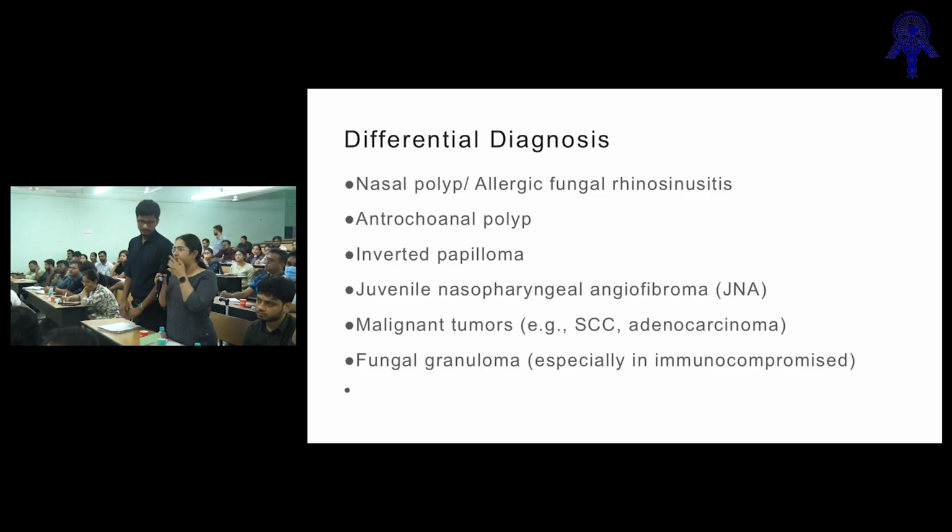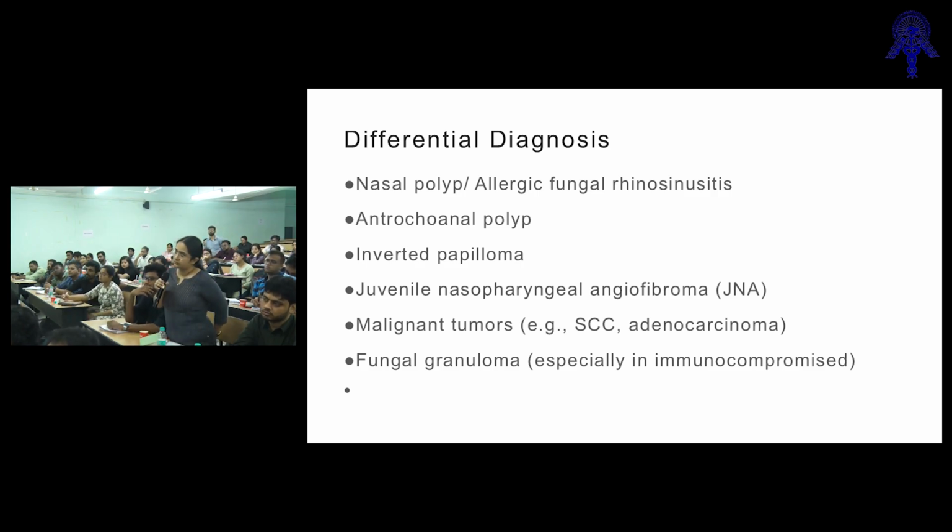From the pyriform aperture, give an incision over the lateral wall of the nasal cavity, elevate the mucoperiosteal flap, expose the frontal process of the maxilla, then remove it and go anteriorly. What is Denker's line? Up to the inferior orbital foramen, parallel to the inferior orbital line; you cannot cross lateral to it.